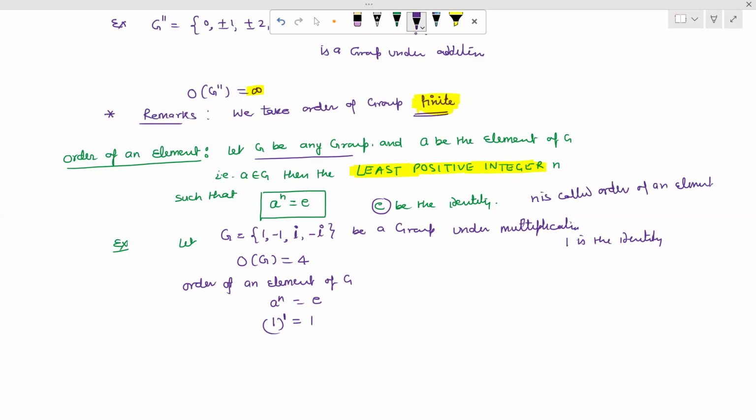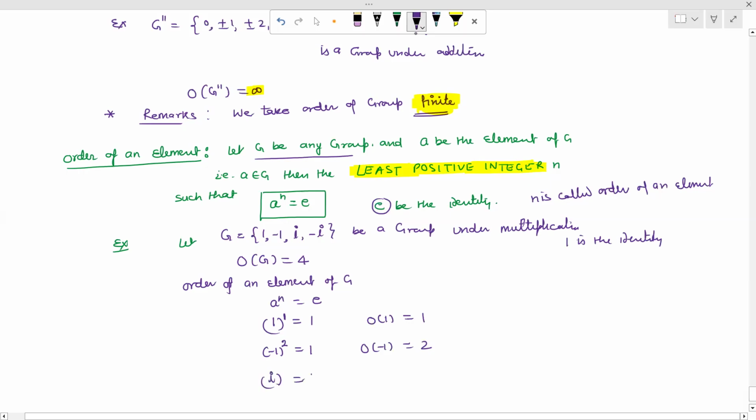So the order of 1 is 1. Order of element 1 is 1. Now, the second element we take is minus 1. The least power of minus 1 that makes it 1, the identity, is 2. So the order of minus 1 is 2.